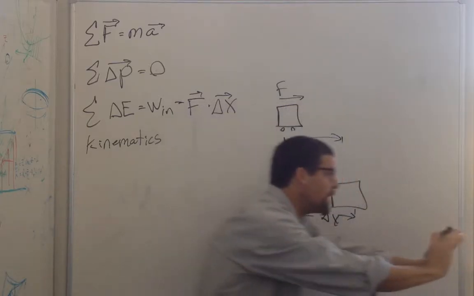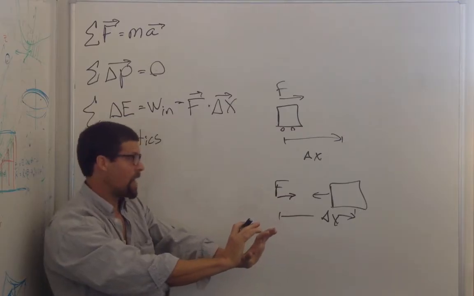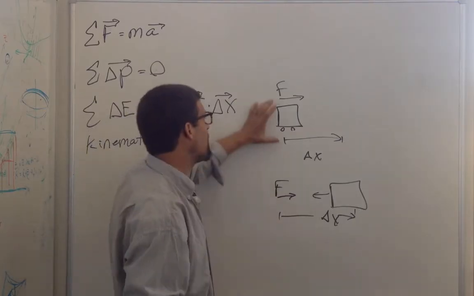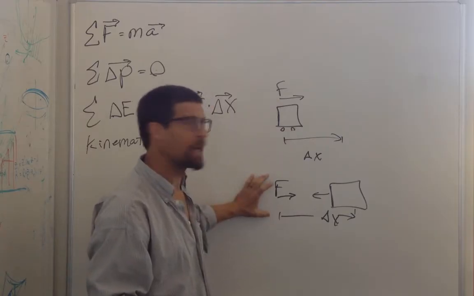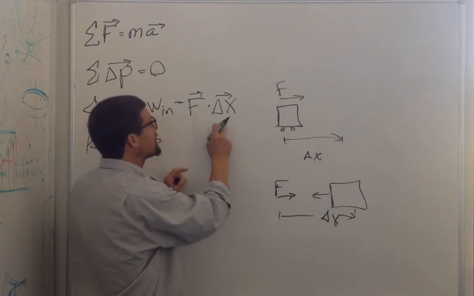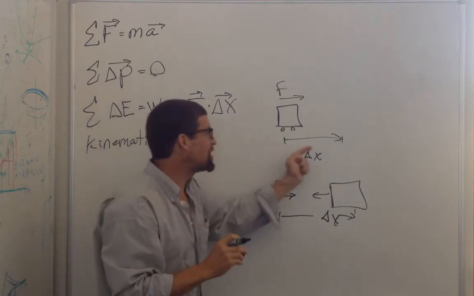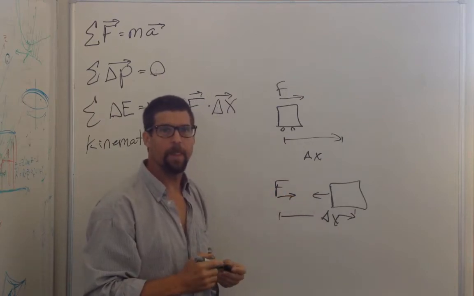Now as it approaches me, I slow it down and take its kinetic energy away. And so this would be a positive change of kinetic energy, this would be a negative change of kinetic energy. So really, it's not just force times distance, it's force times distance in the same direction. If it's going the other way, it's a negative.